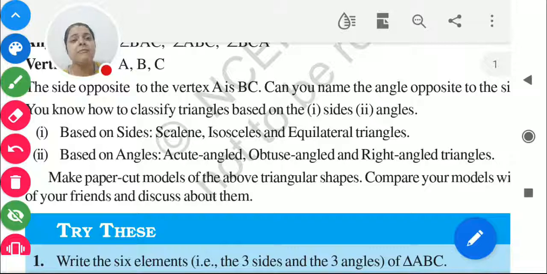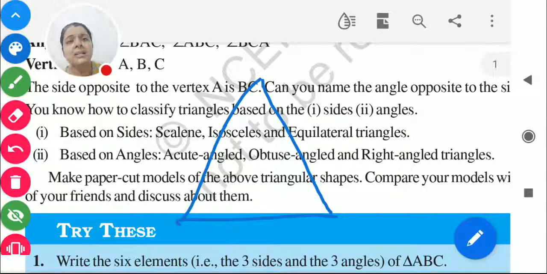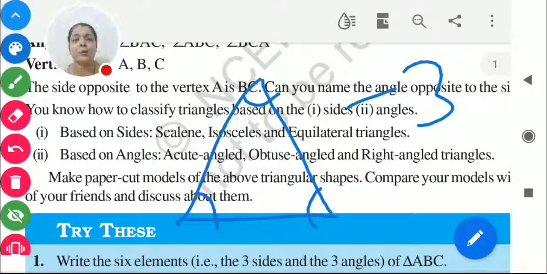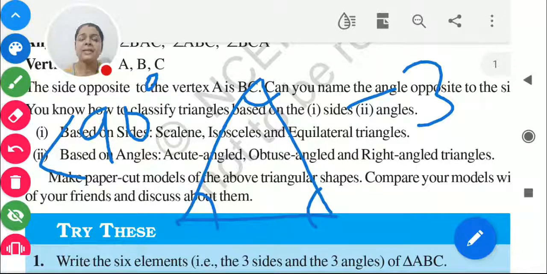It is a kind of triangle which is having all the 3 angles, angle A, angle B and angle C, less than 90 degree. This is called an acute angled triangle.